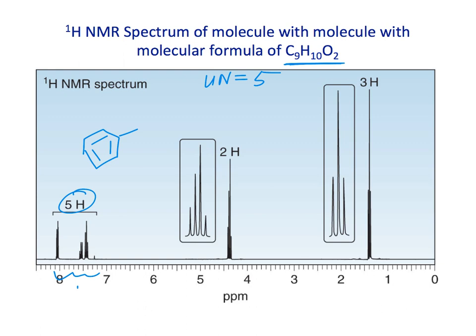Then how do we account for the rest? These are not exactly right on their abundances, but I would say this has 4 peaks, right? So this is a quartet. This is a triplet in a 2-to-3 ratio. So how do we account for those 2 signals?